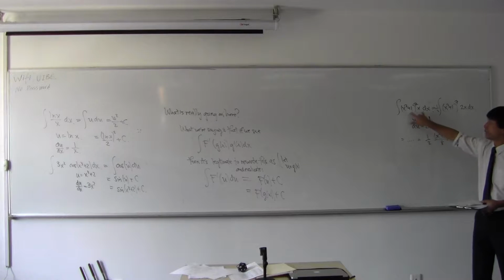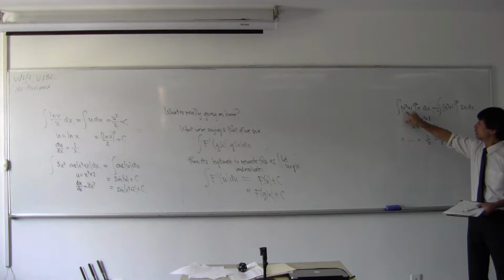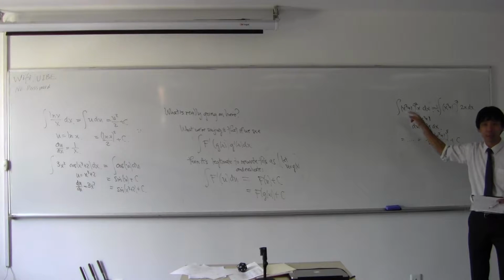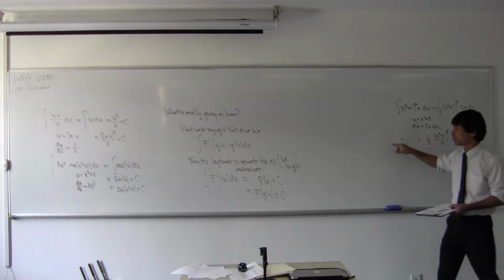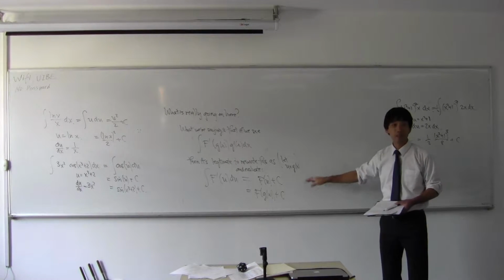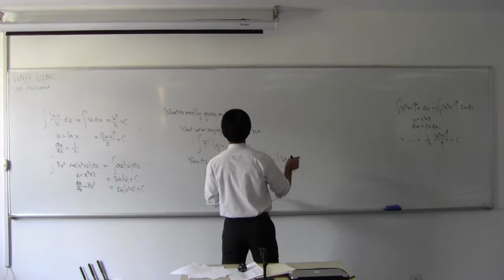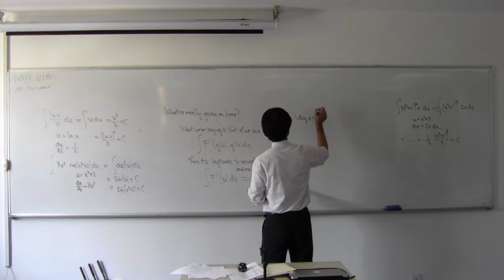That's really what's going on in all of these examples. In all of these examples, we have the same thing: you have some function inside some other function, and then you have the derivative of that interior function. In other words, the chain rule. This is just saying that we can do this because of the chain rule. So why is it legitimate?